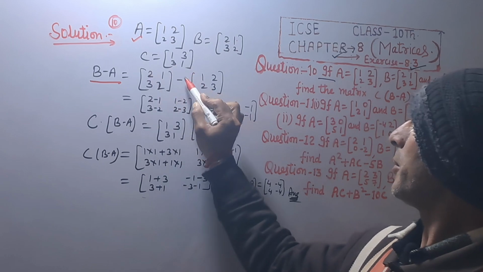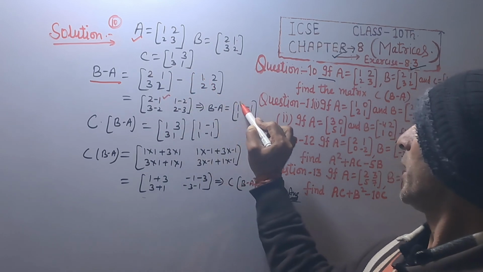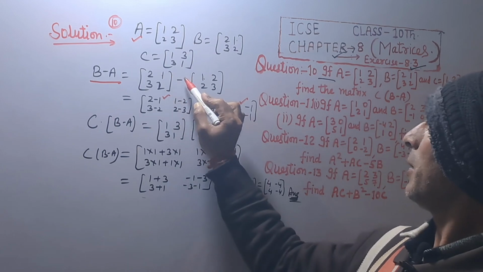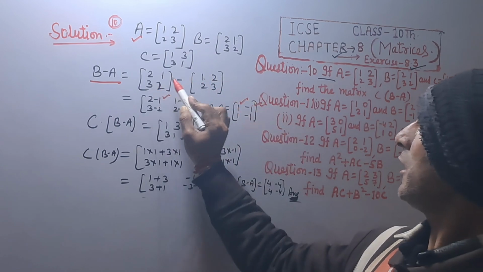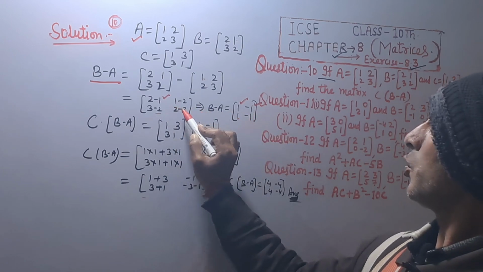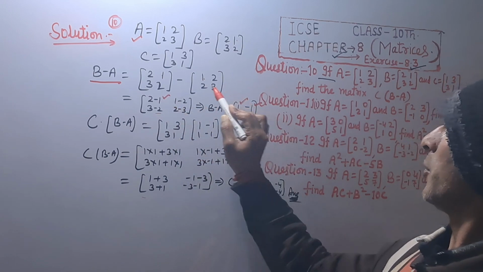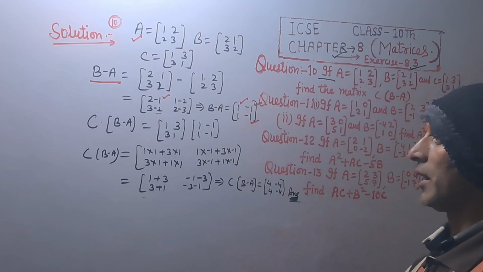First element minus first element, that is 2 minus 1 equal to 1, and 1 minus 2 is equal to minus 1, and 3 minus 2 equal to positive 1, and 2 minus 3 is equal to negative 1.